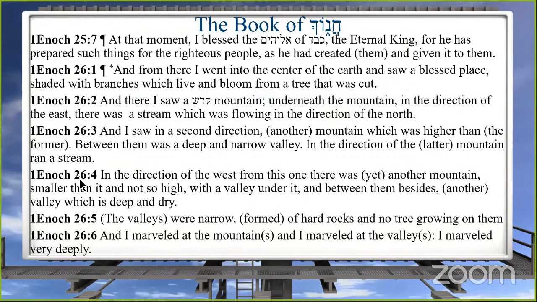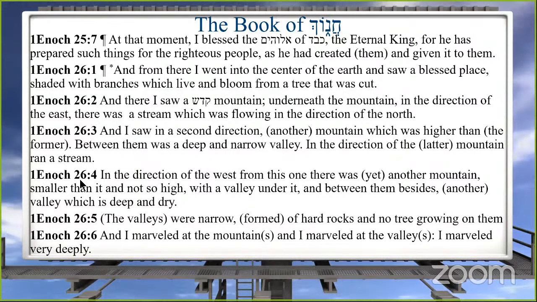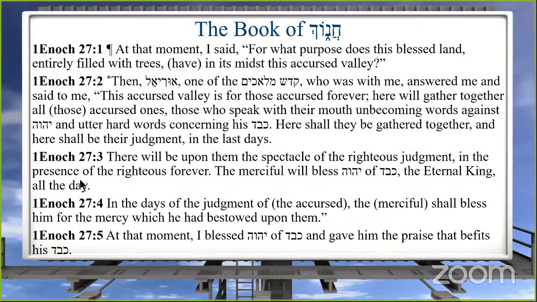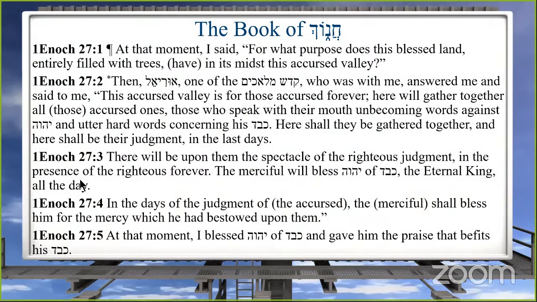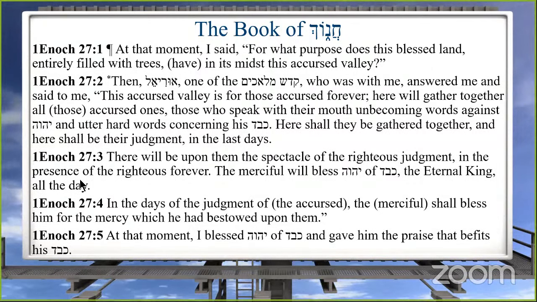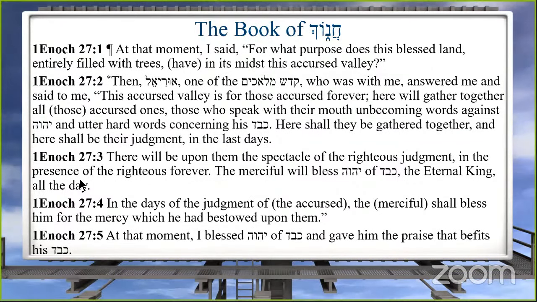And I marvel at the mountains, and I marvel at the valleys. I marvel very deeply. At the moment I said, for what purpose does this blessed land, entirely filled with trees, have in its midst this accursed valley?